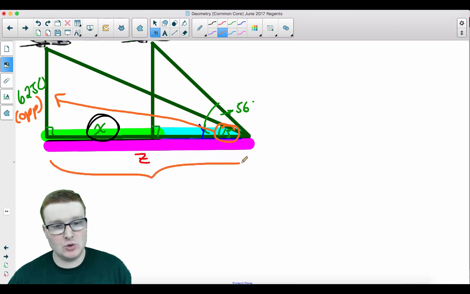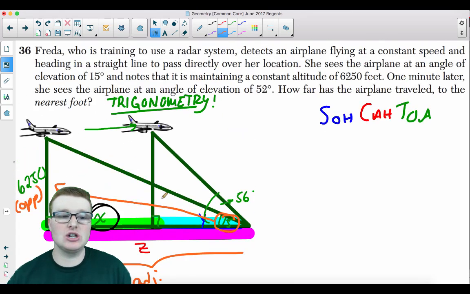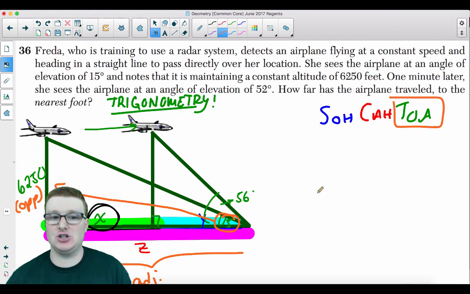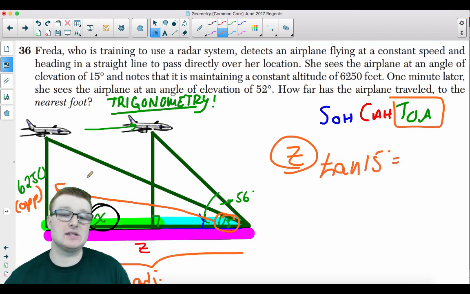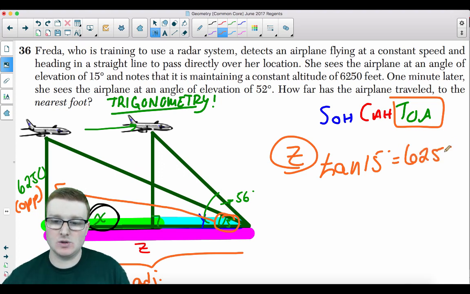The side next to it, which is your z, is called the adjacent side. We're using O and A. That means that we're using tangent. So we're going to solve for z first. I'm going to take the tangent of 15 degrees, which equals the opposite side, 6,250 feet, divided by the letter z.